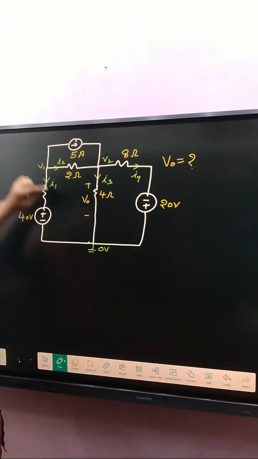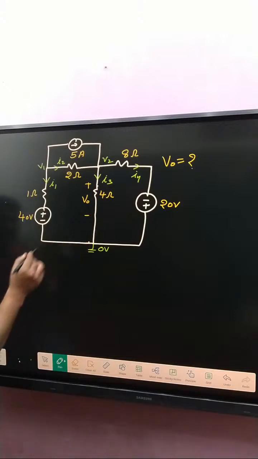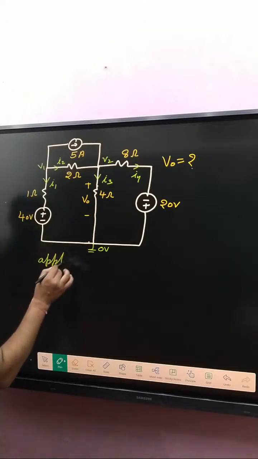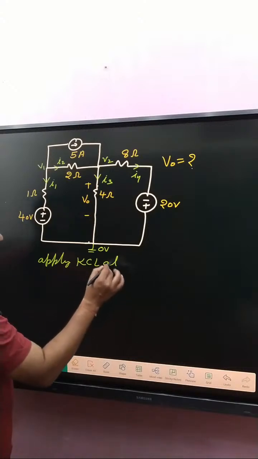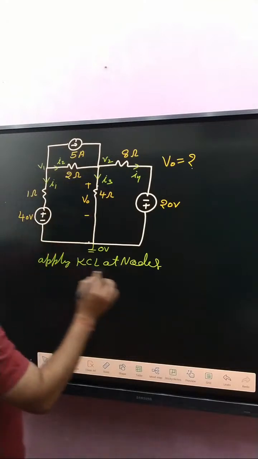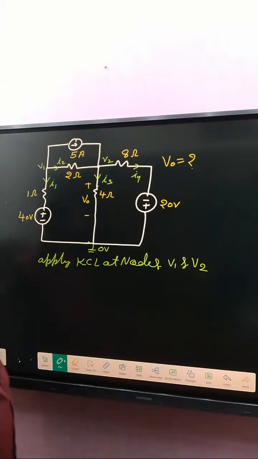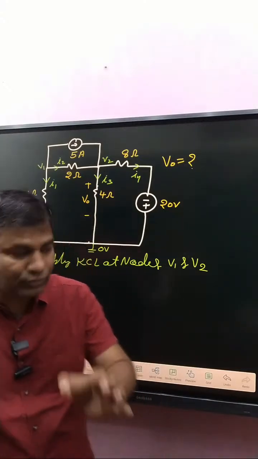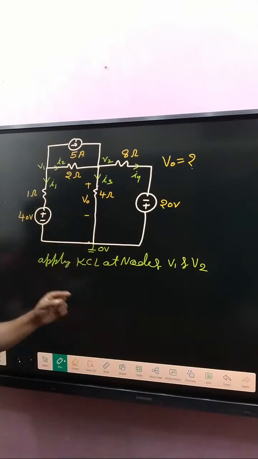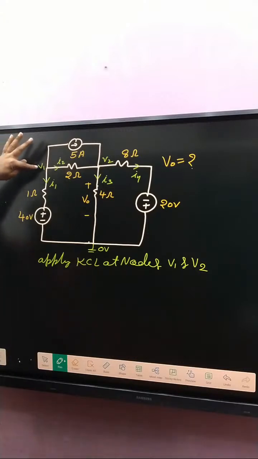So apply KCL here and apply KCL here. That is two nodes. So first of all, apply KCL at nodes, not node, nodes. Why? Because two nodes are used here, V1 and V2. So what about KCL? KCL says the algebraic sum of current at any node is 0, or in other words, the sum of incoming current is equal to the sum of outgoing current. No incoming current here.